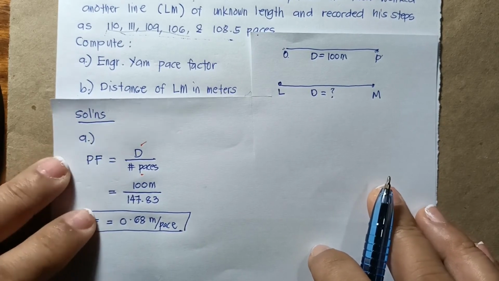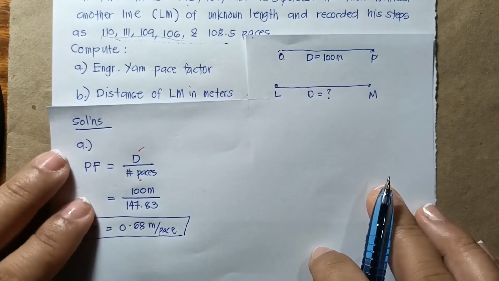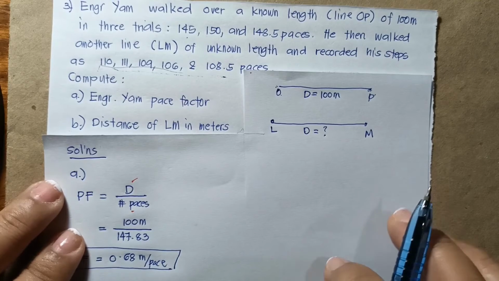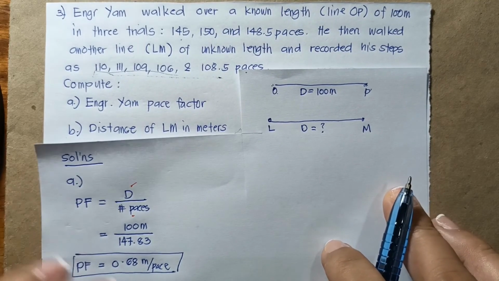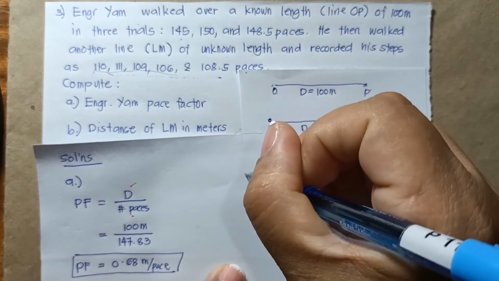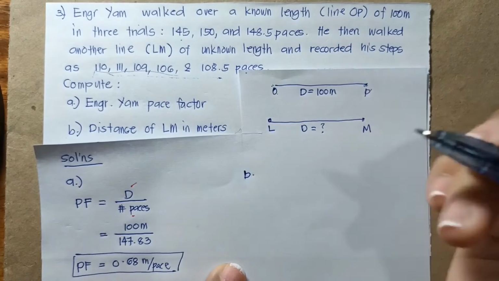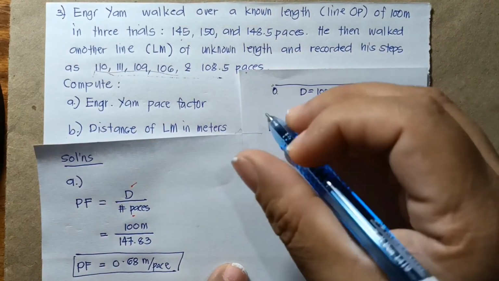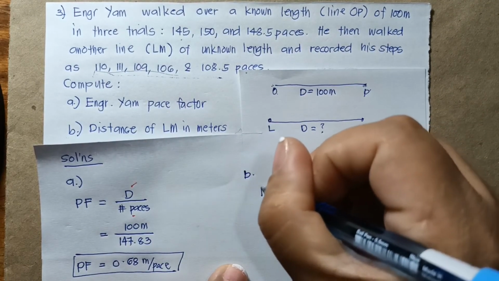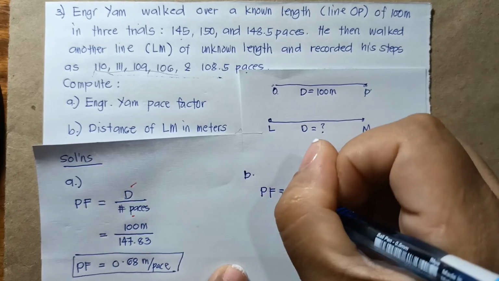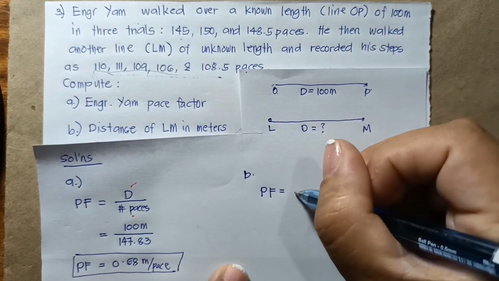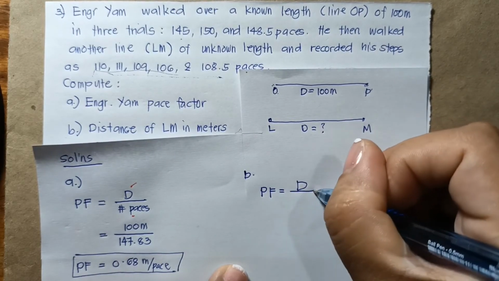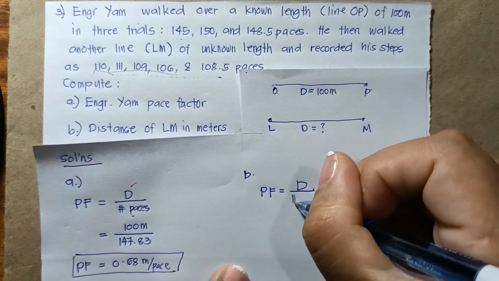So next is, what is the length of line AB? Line LM rather. So we have B. We have the formula: pace factor is equal to D over the number of paces.